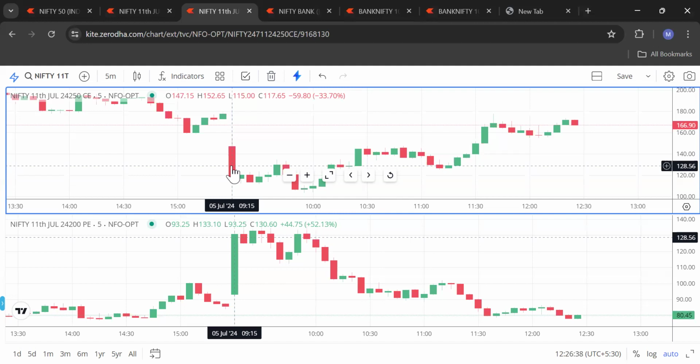Now from put side, 93.25 is not common, 133.1 is common, 93.25 low is again not common, and 130 common. So the basic requirement of 4 common points we have got. Now here is a slight change and it is very beautiful and simple.